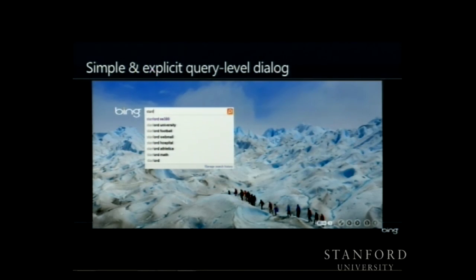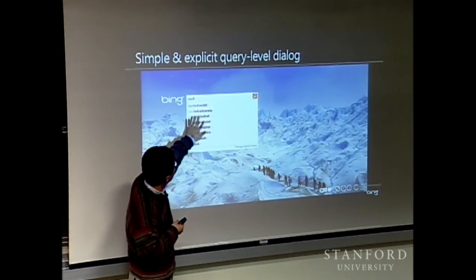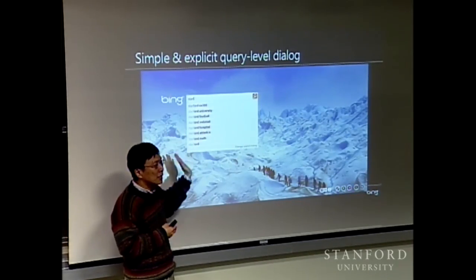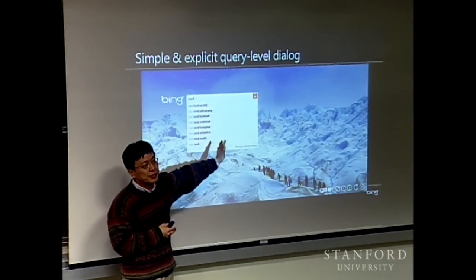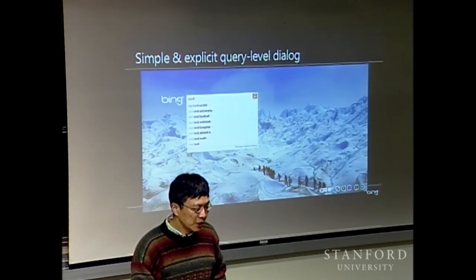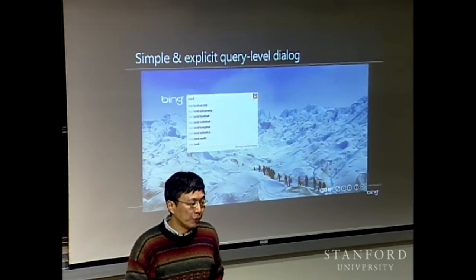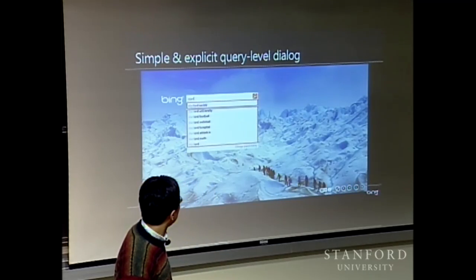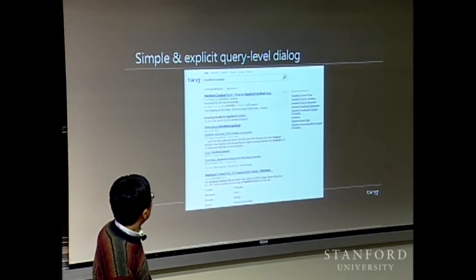And then you have a lot of other suggestions: Stanford University, Stanford football, and all those things. Apparently a lot of people actually typed those. So those are really from aggregated user behavior, of course anonymous. That's something you see every day. We call it auto-suggest. That's the example I just talked about.